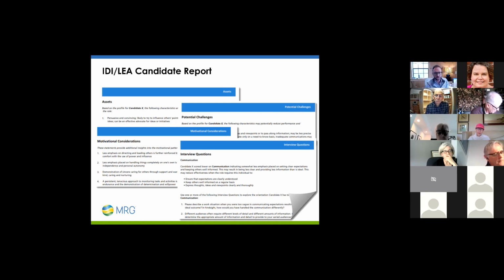If you ever do order the IDI and LEA candidate report, if you see the term further reinforced, it means that there's alignment between the LEA behavior and the IDI motivation. So it's something that you really can hang your hat on in a way, and is a really important aspect of the IDI LEA candidate report. So I love that motivational consideration section because it's combining IDI and LEA data into one.